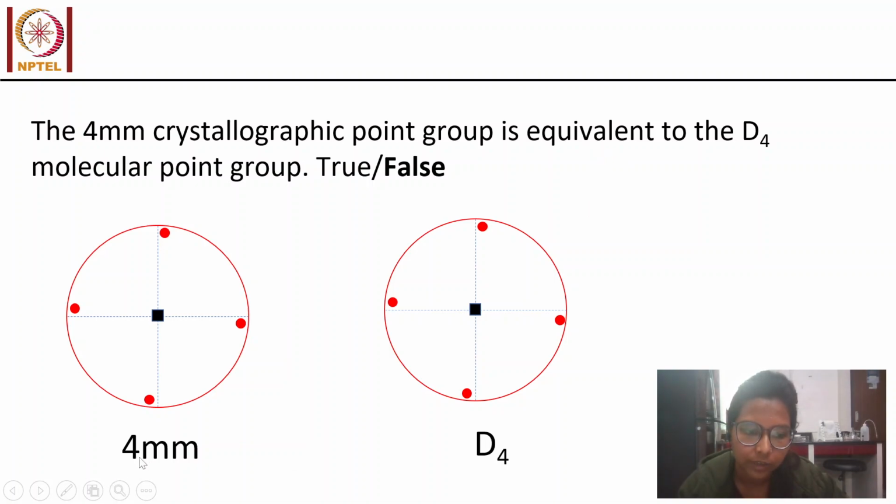But if it is 4mm, will there be any perpendicular symmetry? No, there is no perpendicular mirror, right? Because if it is perpendicular, it will come as 4/m. If it is 4/m, then it will mean a perpendicular mirror.